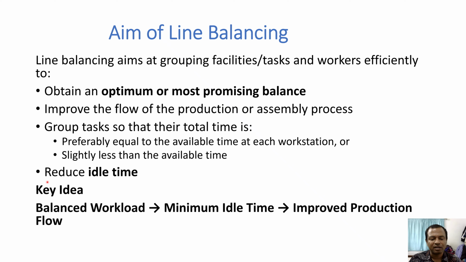So that will reduce idle time. So line balancing aims at grouping facilities or tasks and workers efficiently so that we will get a balanced assembly line. A balanced workload will give minimum idle time and improved productivity and production flow.